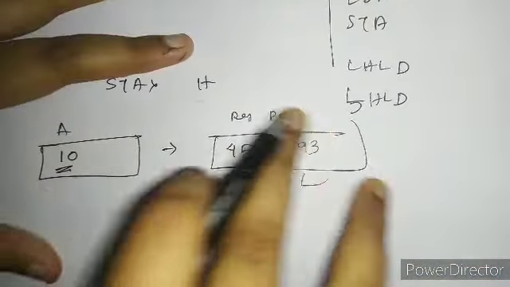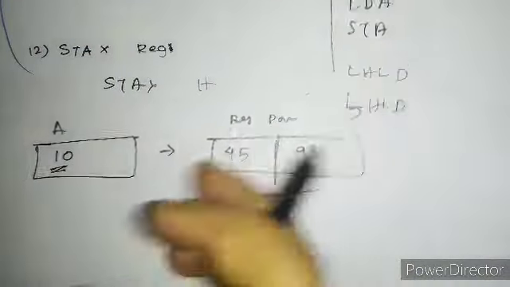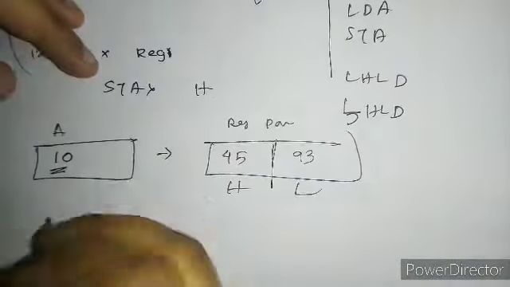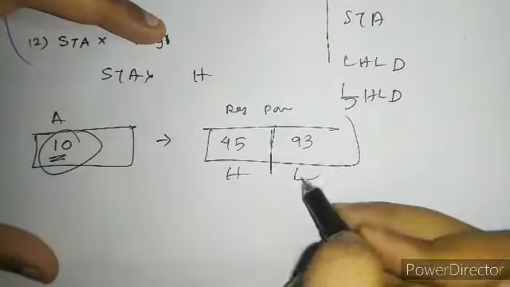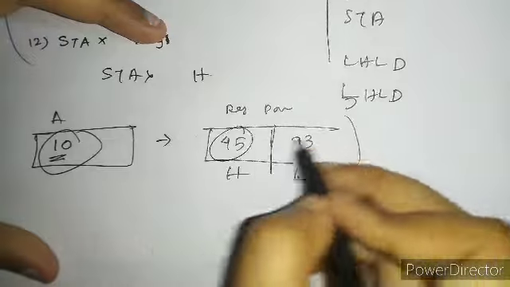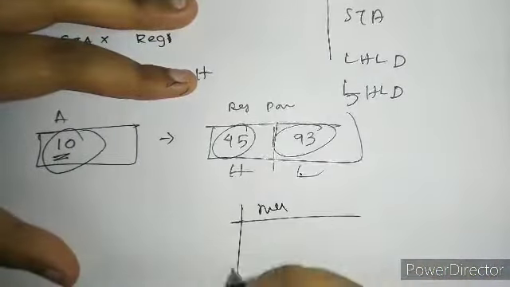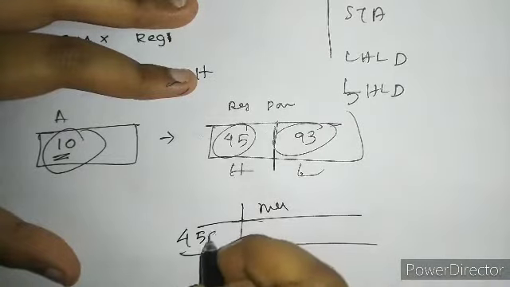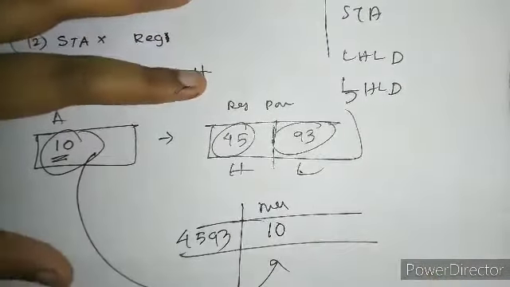How can you decide in which register it will go? I like HL, I don't like HL. This is not something that happens in a microprocessor. It's completely logical. So 10 will get stored at the location pointed by the HL pair. In memory, it will go to 4593. Now this 10 will get stored at this location.